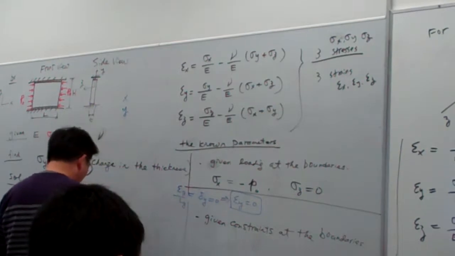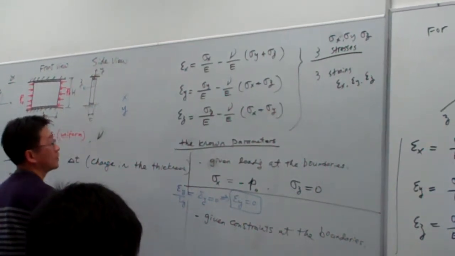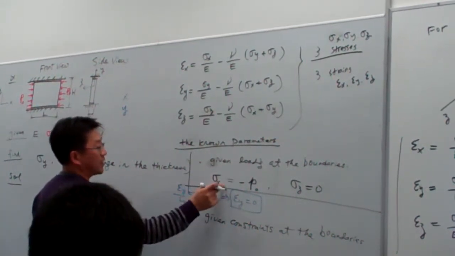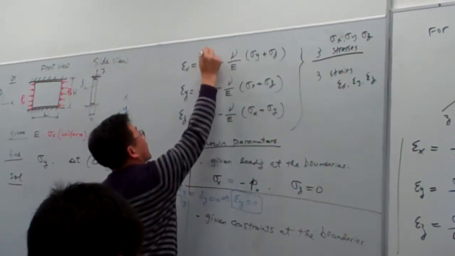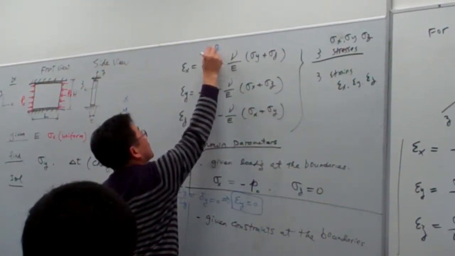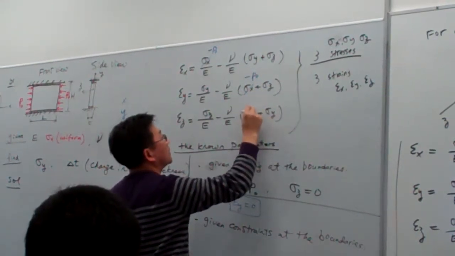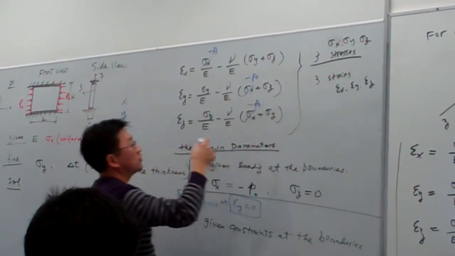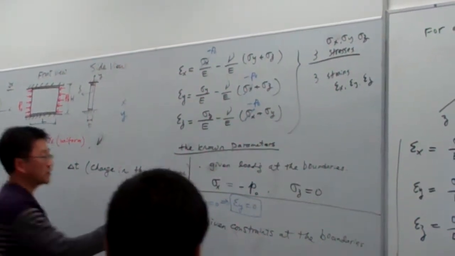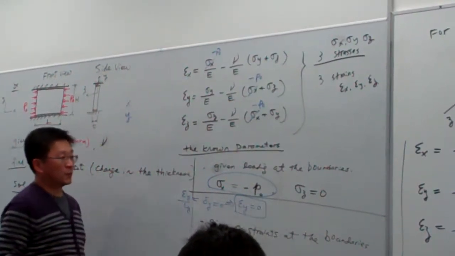Now we simply plug in the appropriate numbers here. Sigma x equals minus p, so I plug in here minus p0, and this one is minus p0. I just introduced the numbers, so I have utilized this one. Let me label it.